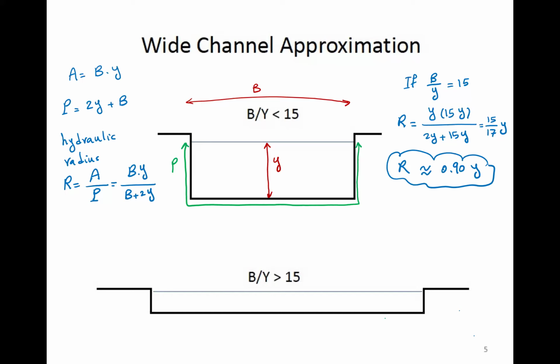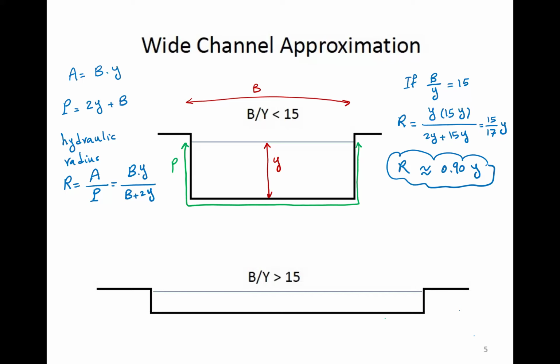So what is that, and how does that help us? The hydraulic radius will show up in a few equations in the next few slides and our classes. It's typically a little bit complicated to calculate because it has area and wetted perimeter, and especially for non-rectangular channels, it's not straightforward. It's not easy to calculate.